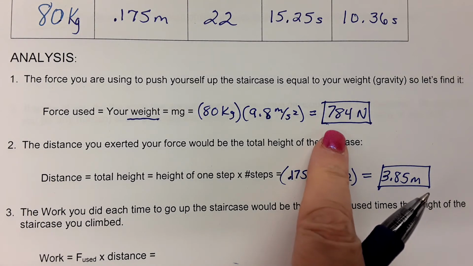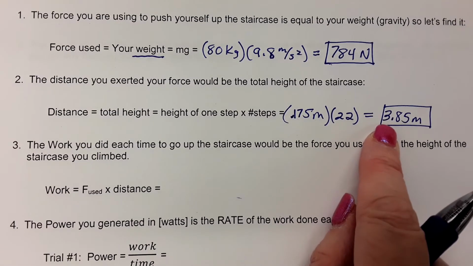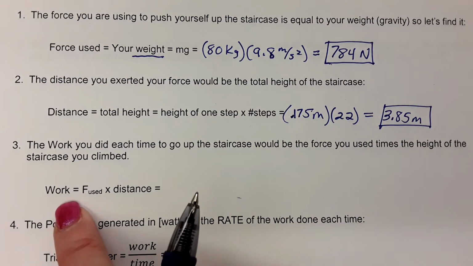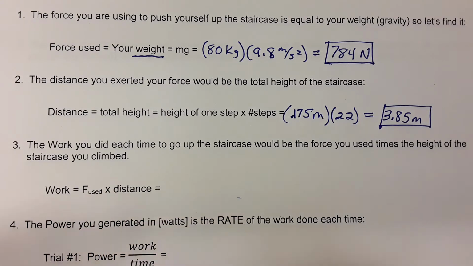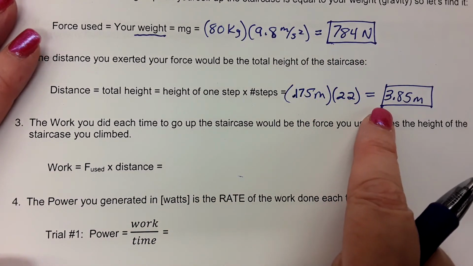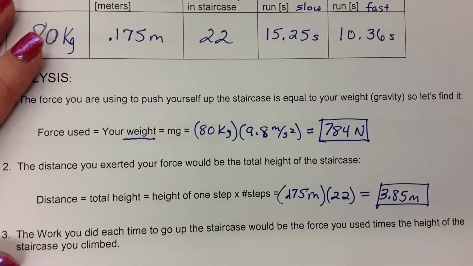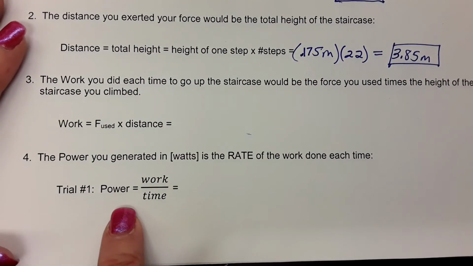So now we have the force used and the distance through which it was applied. And if you'll remember, work is the force times the distance, okay? So now you should be able to find the work done using the force and the distance, and then using the times, you can calculate the power I generated in each trial, okay?